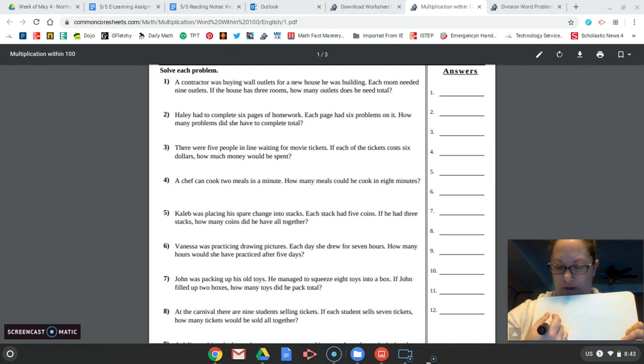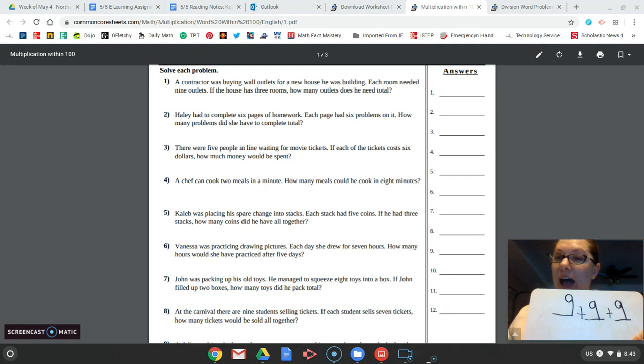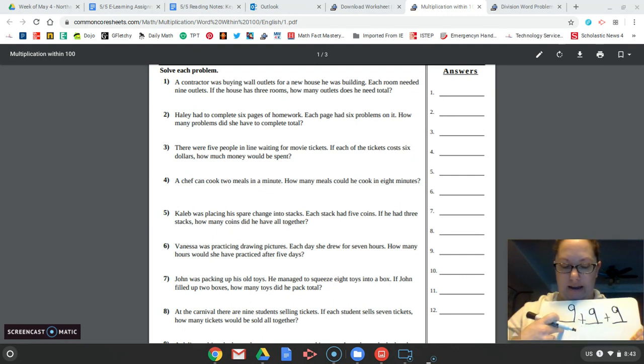So there were 3 rooms, so that's blank, 1 room, plus 2 rooms, plus 3 rooms. I remember they said each room needed 9 outlets. So the first room has 9, the second room has 9, and the third room has 9. So we have 9 plus 9 plus 9.